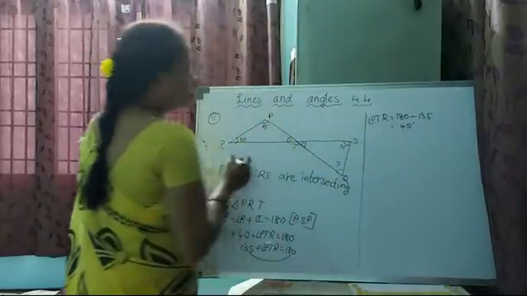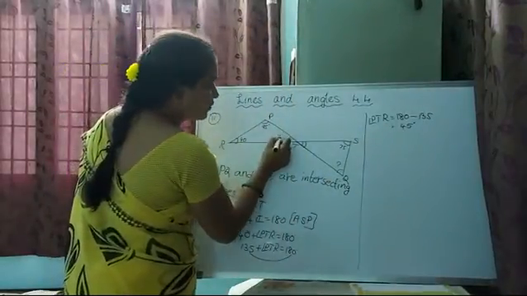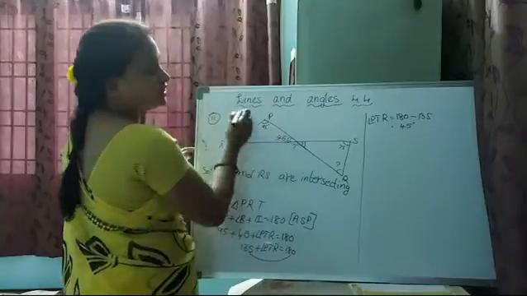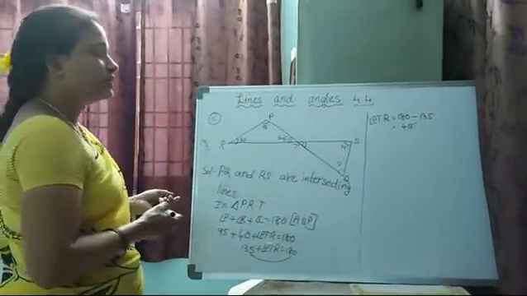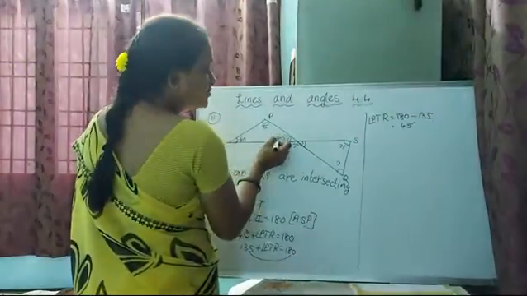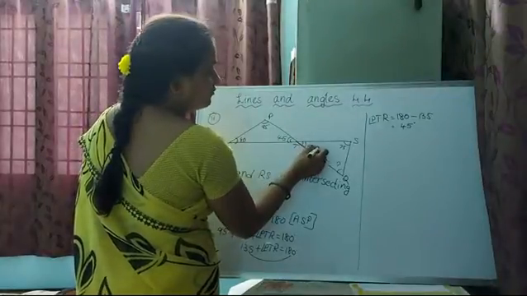So this angle is 45. If this angle is 45, vertically opposite angles are equal, so this is also 45.